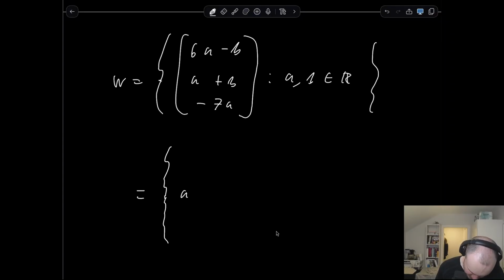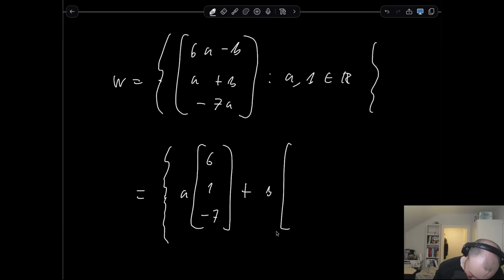Put a outside, then I have 6, 1, and minus 7. Then I add b times minus 1, 1, and 0. Same requirements still.